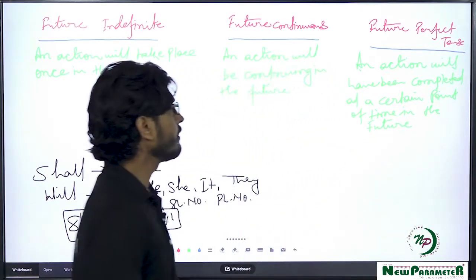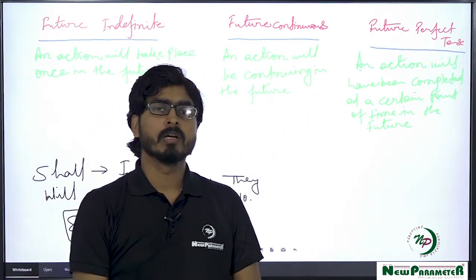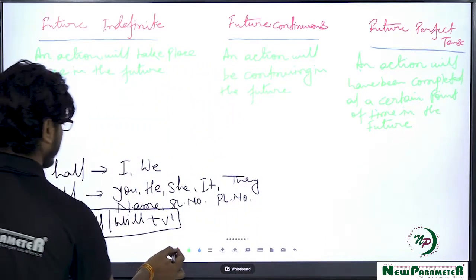Okay, this is all about future perfect tense. At a certain point of time in the future, an action will have been simply completed. Okay, so now we'll see structure.